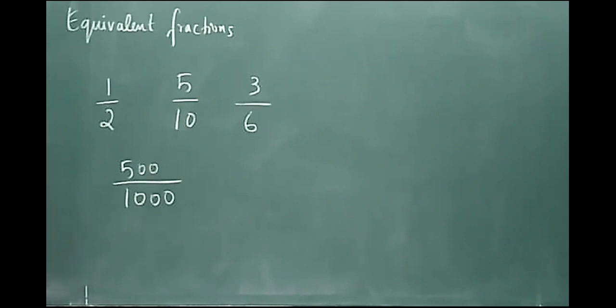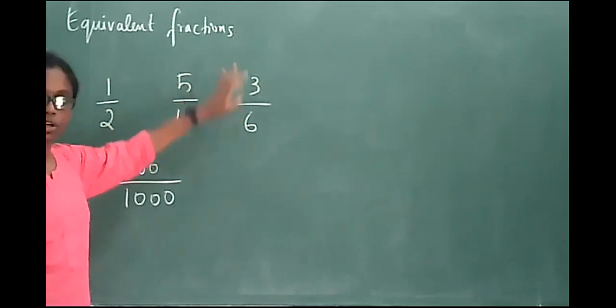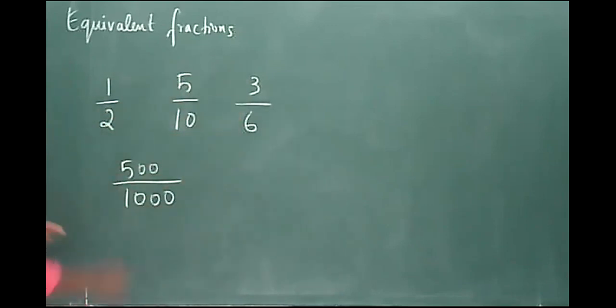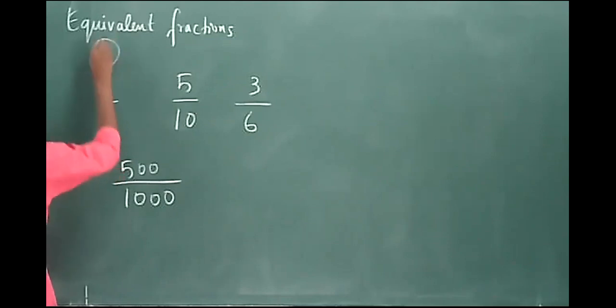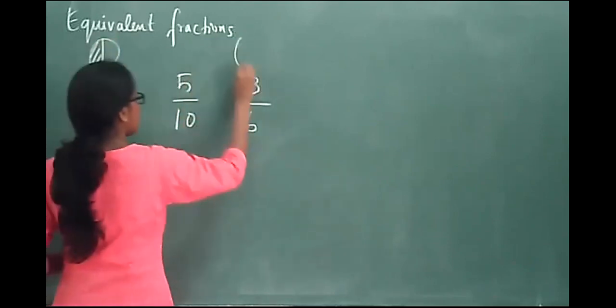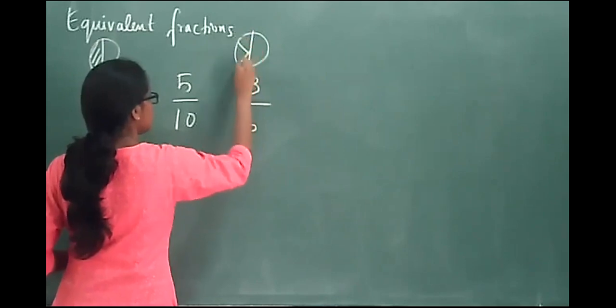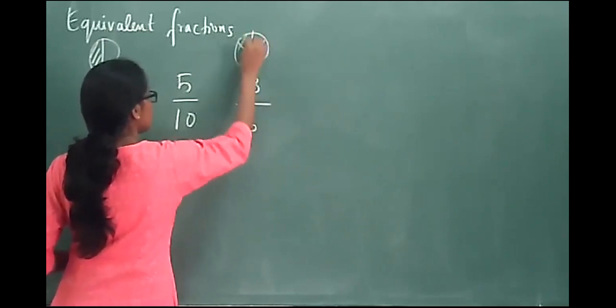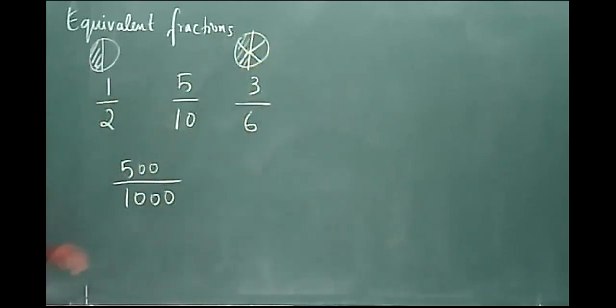That is going to be the same as cutting the cake into 10 parts and eating 5 of it, or cutting the cake into 6 parts and eating 3 of it. You would end up eating the same amount of cake in any case.